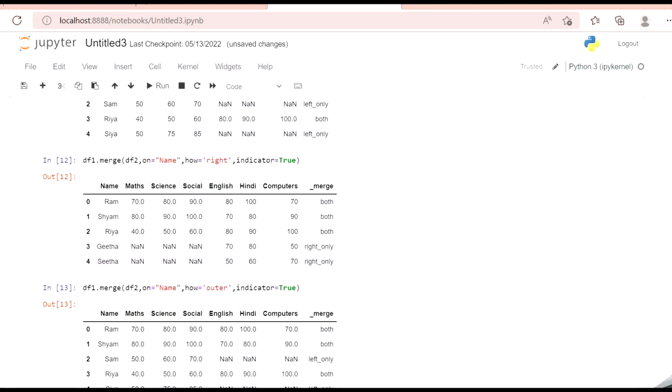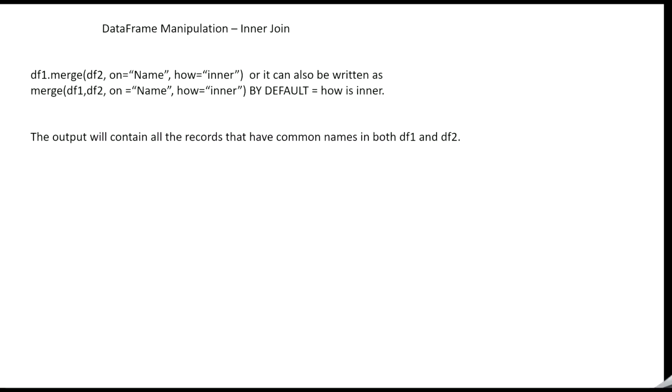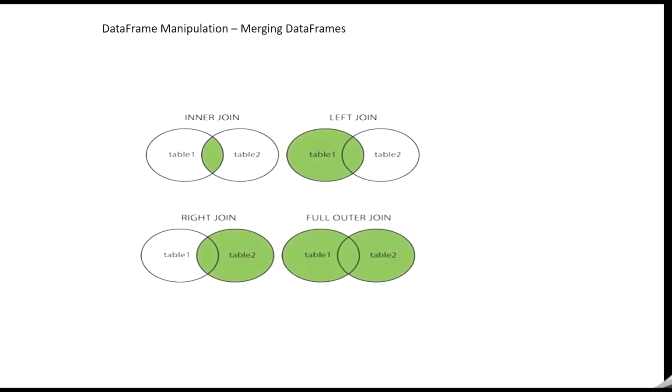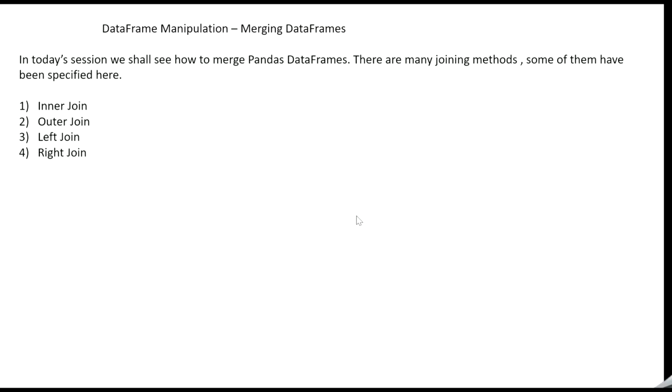So friends, hope it is clear for you. The inner join, the left join, the right join, and the full outer join. So in today's session, we saw how we can merge pandas data frames, and we saw some merging methods, that is the inner join, outer join, left join, and right join.